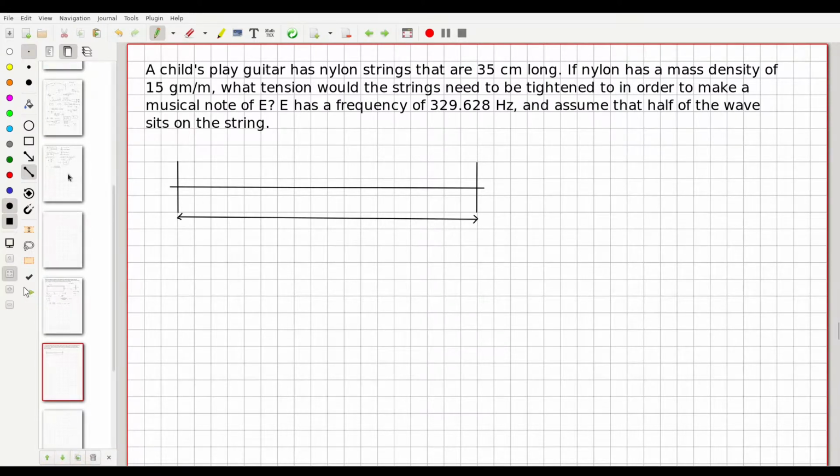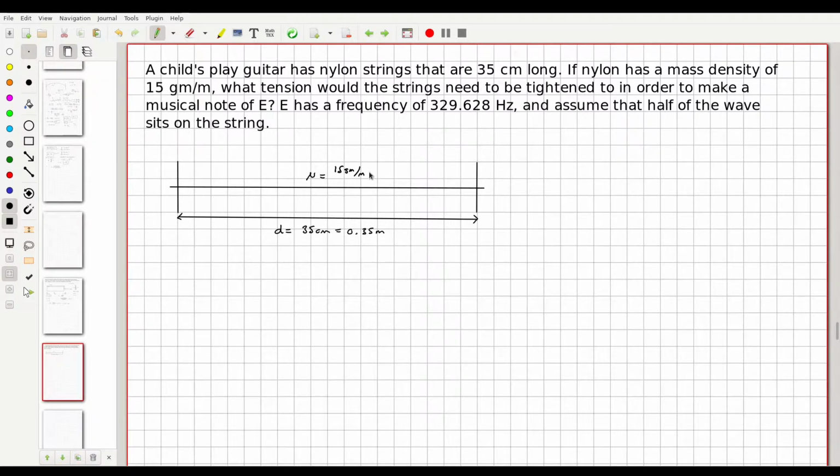So let's see here. I'm going to call this D. It is 35 centimeters, or 0.35 meters. Okay. We know the line density of this is 15 grams per meter.